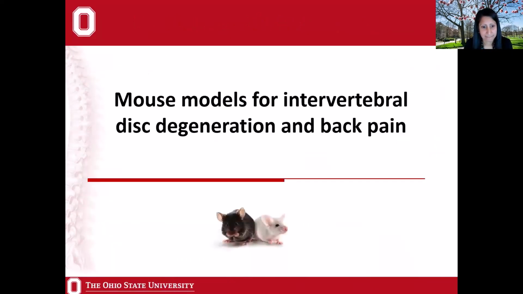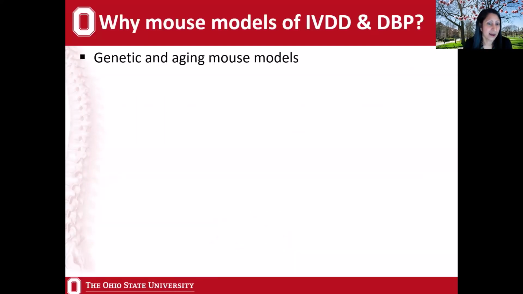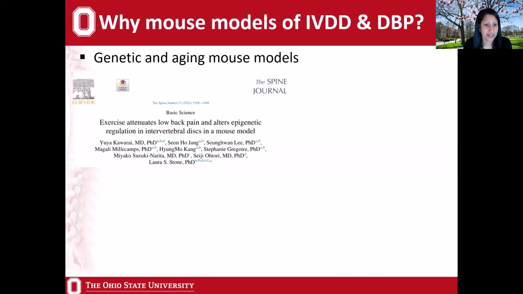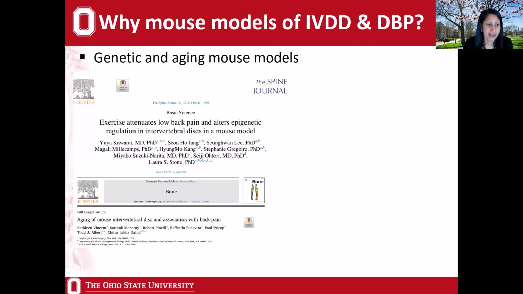So thanks to them. In terms of mouse models for intervertebral disc degeneration and back pain, genetic and aging mouse models have been utilized. Laura Stone's group has utilized the SPARC null knockout to investigate different mechanisms and effects. In terms of aging, Chichida has done some lovely work examining the age-related effects on disc degeneration and back pain.